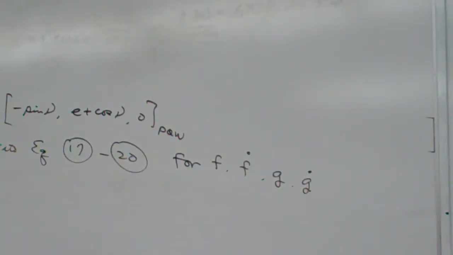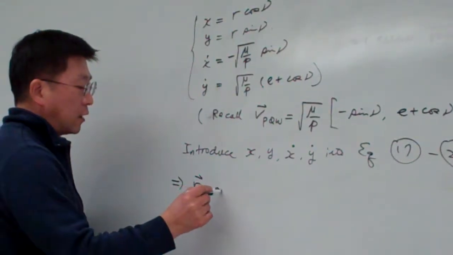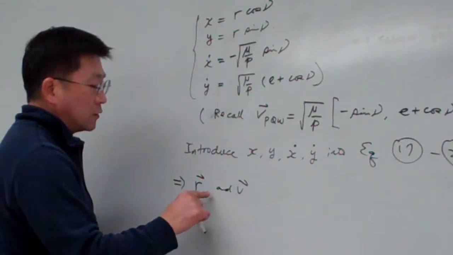Okay. So in this way, once you have those things, then basically R and V are determined.